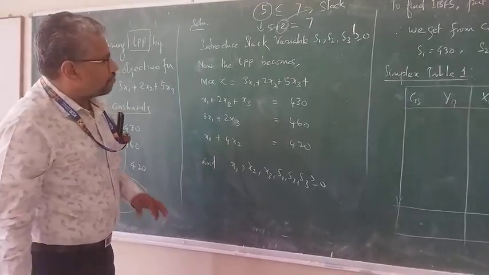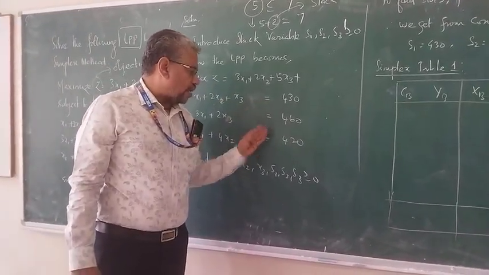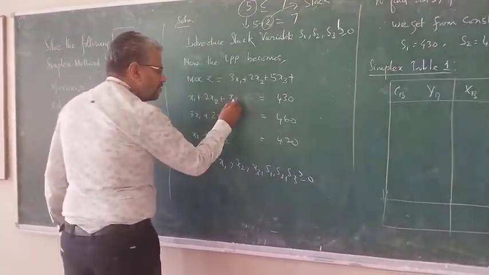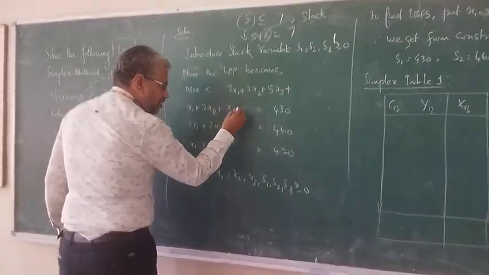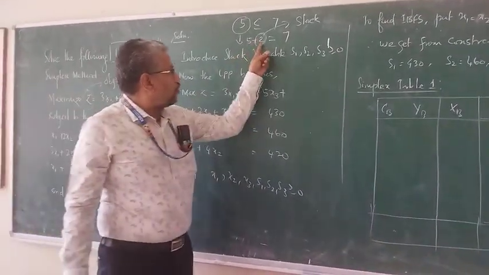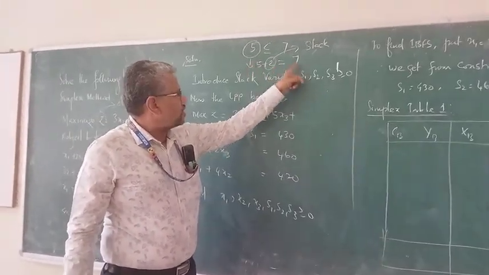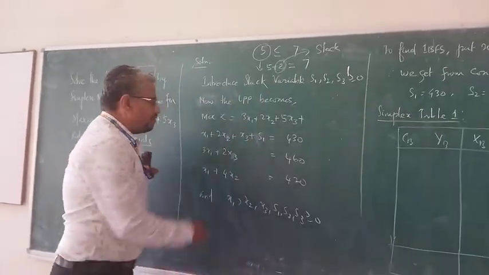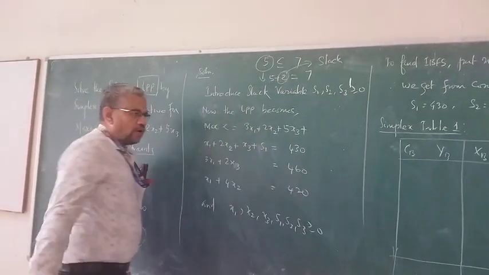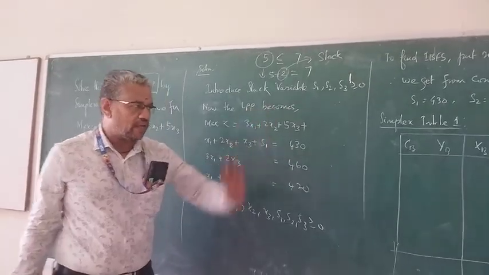Why are we adding it? Because whenever you have an equality sign, then only you will get a unique value. Therefore, I am going to convert the first equation by adding slack variable S1. Here we know the value we are going to add, because 5 and 7 are known to us. Whereas here we don't know the values of x1, x2, x3. Actually, we are going to find the x1, x2, x3 values at the end of the problem.